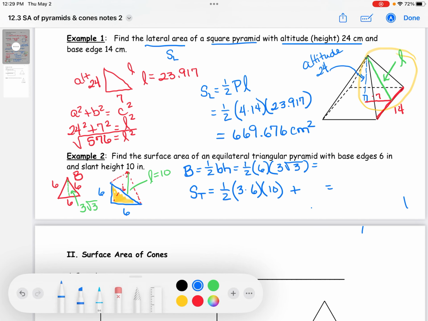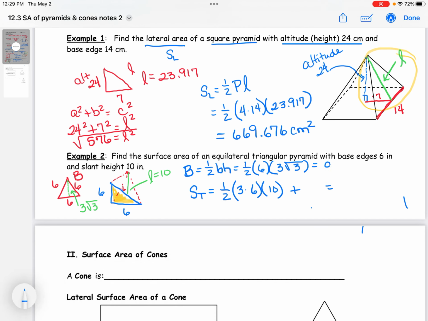So this is going to be 9 times the square root of 3. I did 1/2 of 6, which is 3, and 3 times the outside 3, which is 9. So it's going to be 9 square root 3.